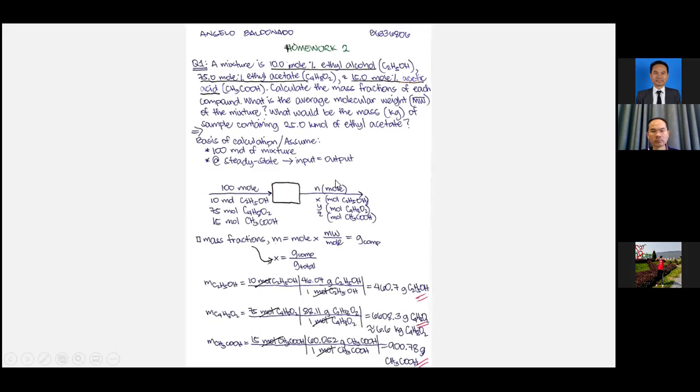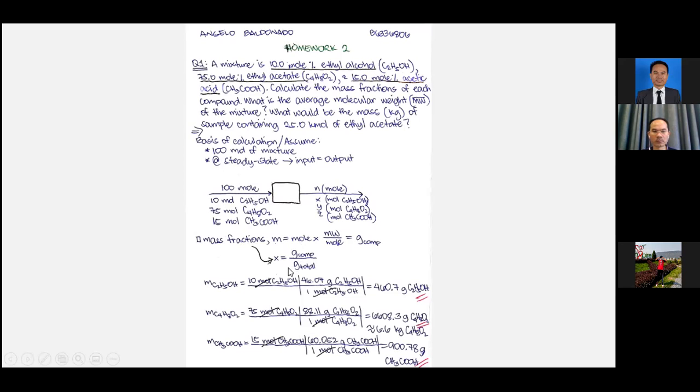So first, we need to set up the basis of calculation, or assume that we have 100 mole of mixture. Okay, so for the mass fractions, we need the grams of each component and then the total gram of the mixture. For the gram of each component, we multiply the number of mole by the molecular weight.